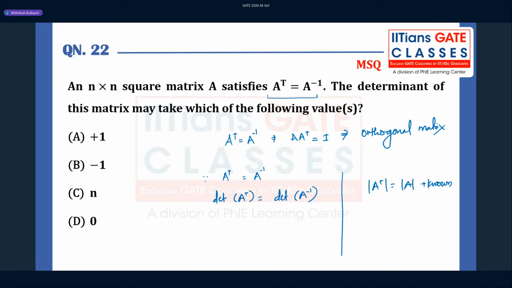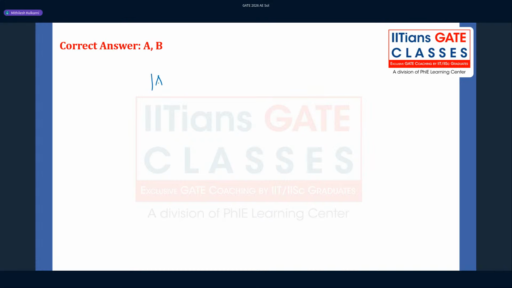Even if we take a transpose, the determinant remains unchanged. Determinant of A transpose is equal to determinant of A inverse. And since determinant of A transpose is determinant of A, determinant of A can be written as determinant of A inverse.